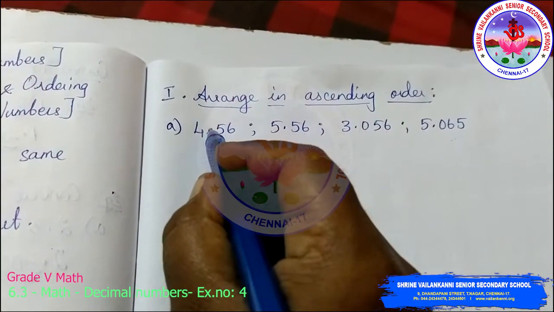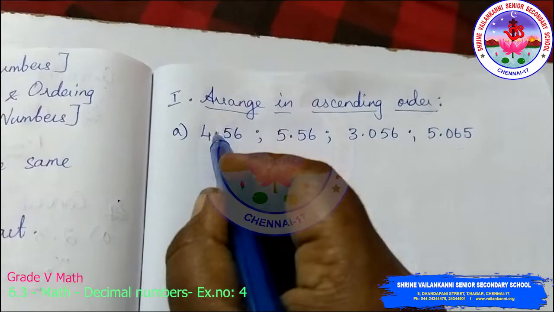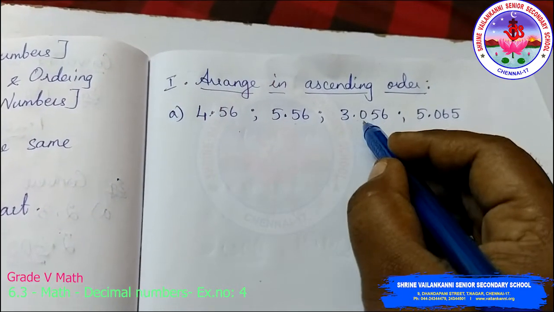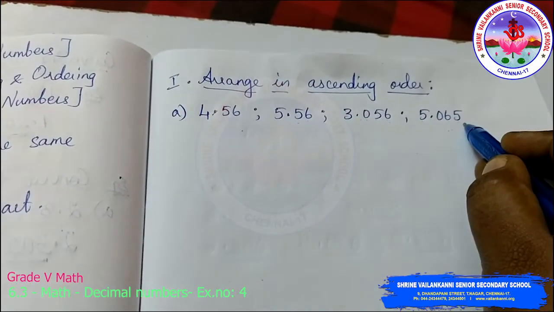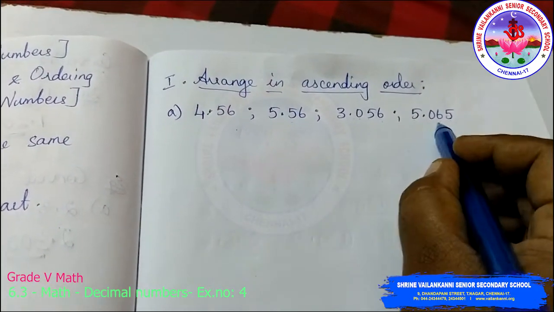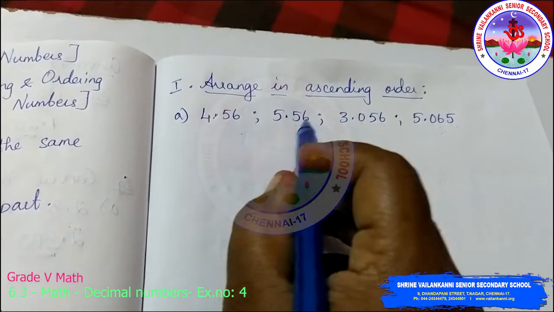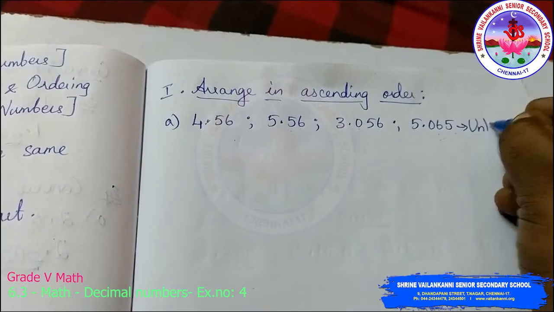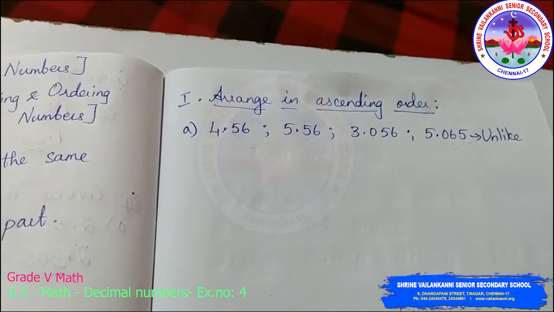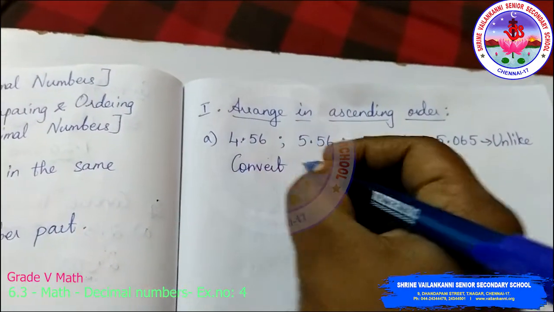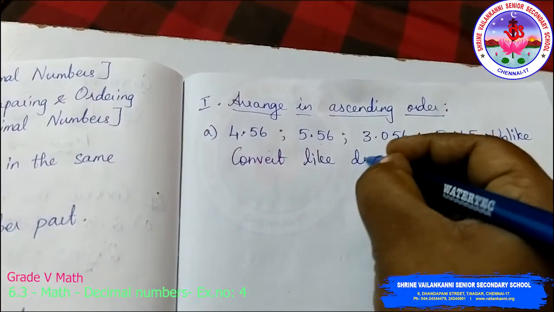For that, you have to check after the decimal. After the decimal, 2 numbers, 2 numbers, 3 numbers, 3 numbers. So these 2 numbers have 3 places after the decimal, and these 2 numbers have only 2 places. So it is an unlike decimal number.